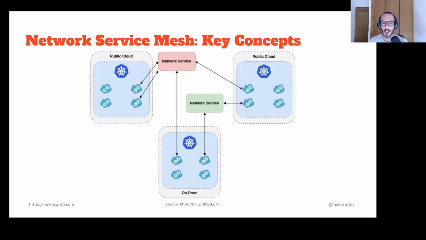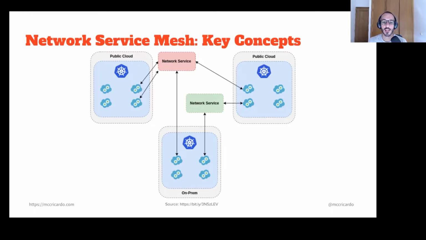Before we take a look at its key concepts, what are some of the examples where NSM can be useful? A common flat L3 domain that allows DBs running in multiple clusters, clouds, hybrid, whatever, to communicate with each other, for example, to perform DB replication.